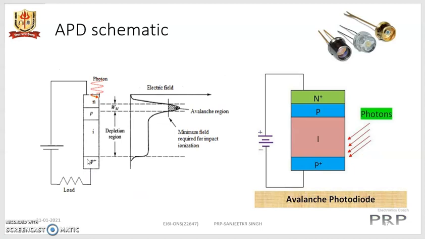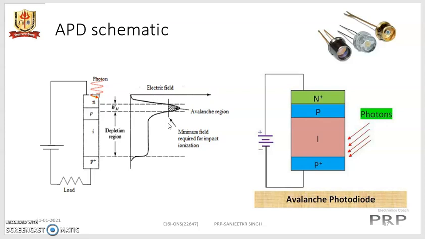Here is the construction diagram of the APD, in which we find the different layers: N plus, P, I and P plus layer. It is reverse biased, and when light falls on it, particularly in the depletion region, it is absorbed and electron-hole pairs are generated under the influence of the high electric field.